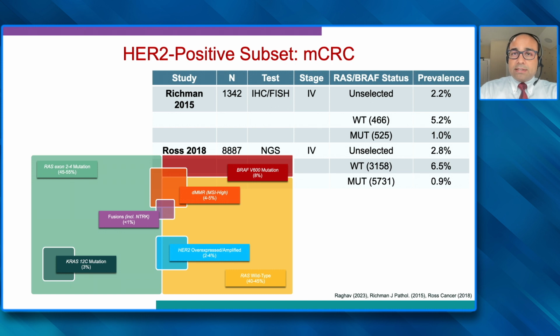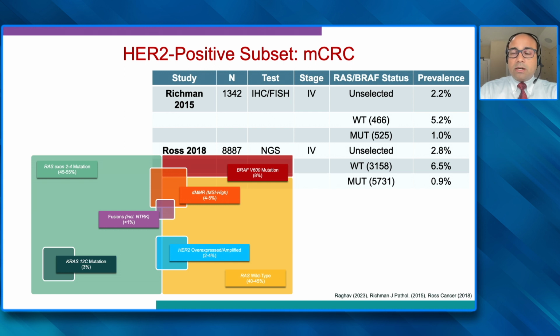There are two ways of testing this: immunohistochemistry and ISH, and then next generation sequencing, which has become commonplace nowadays. Whenever you look at both these modalities, you find that the incidence of HER2 positivity is about 2 to 3% in an unselected cohort, but HER2 overexpressed or amplified tumors are found mostly in RAS BRAF wild type patients, where the incidence goes up to about 5 to 6% compared to RAS mutant patients, where it is only about 1%.